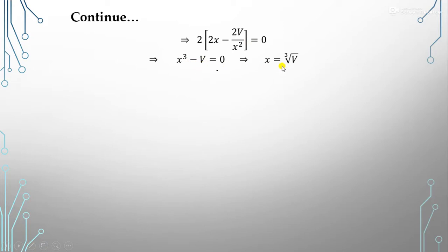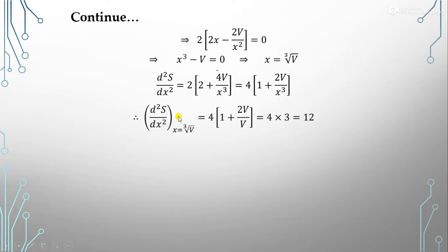So the x point is the cube root of V. Now find the second derivative of S with respect to x. Again differentiating, 2x gives 2, plus the derivative of 1 upon x square is minus 2 upon x cube, so it becomes 4V upon x cube.